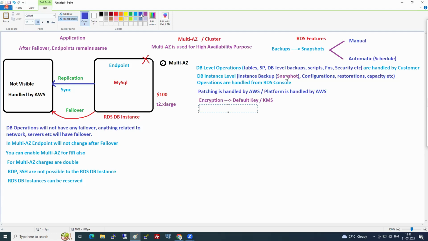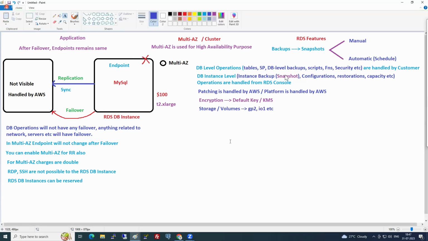But here we don't call them volumes, we just call it storage. Storage, similar to volumes. You can go with GP2, IO1, etc. When you're creating the DB engine, it will ask how much storage you need. You can go all the way to 16 terabytes.